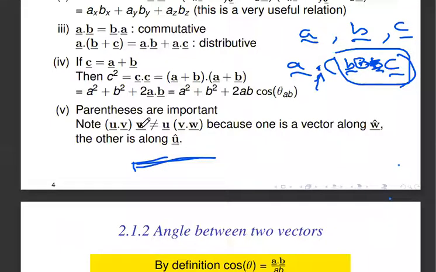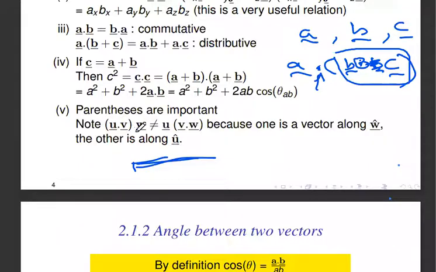Times W, which is not here. This one is magnitude of V times magnitude of W cos another angle, which we don't know, another angle beta, times U. Those are completely different vectors, right? Did you see that?